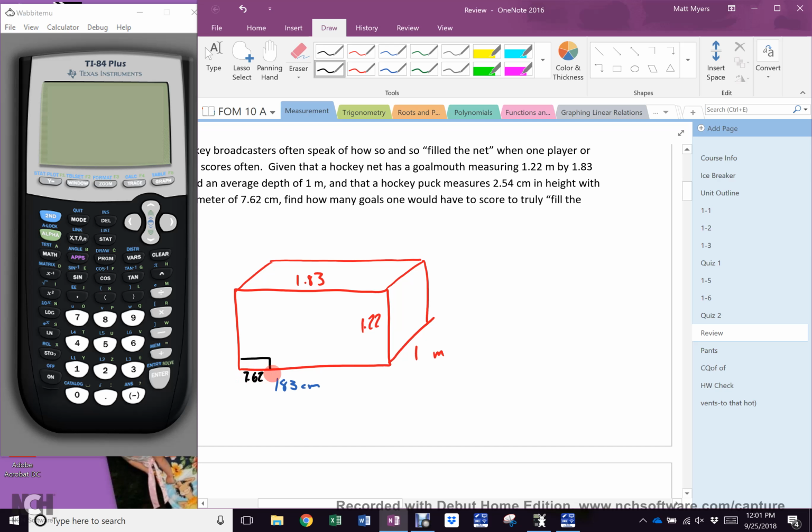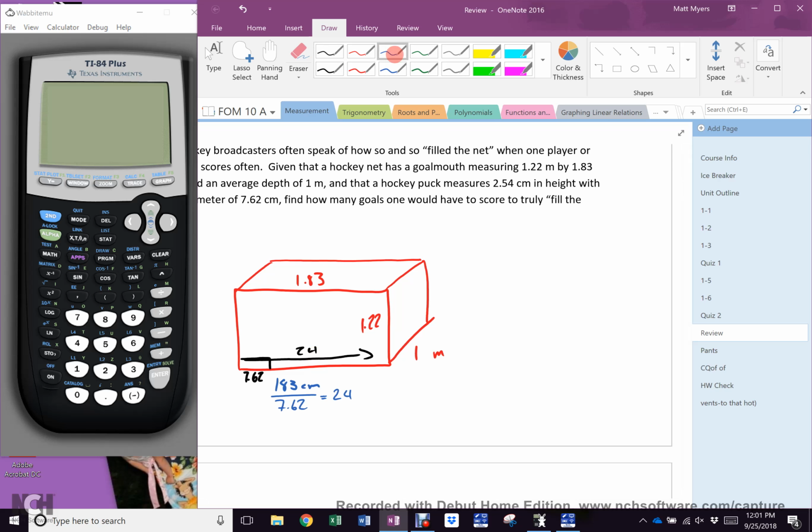7.62. How do I tell how many 7.62 centimeter pucks will fit across 183 centimeters? Divide by 7.62, which gets me something in the neighborhood of 24 pucks across here. Everyone agree? Excellent.